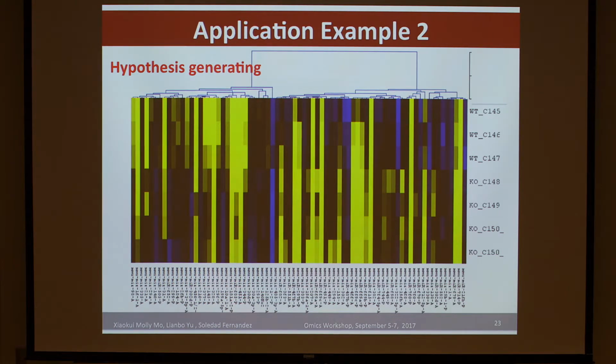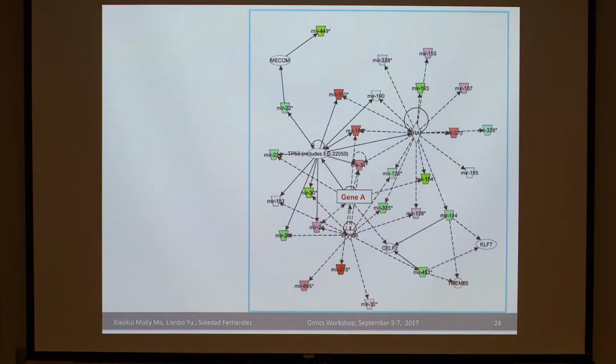And here is the heat map generated based on the microRNA profiling. After I uploaded the microRNA into IPA, which can also handle microRNA, but for microRNA you cannot do pathway analysis, you can do network analysis.